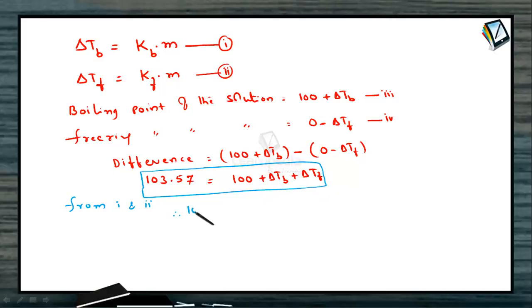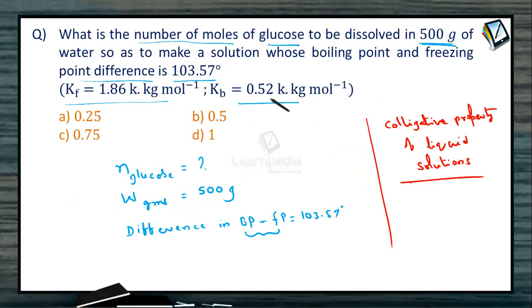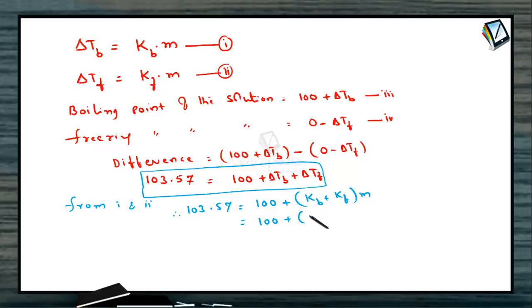Therefore, 103.57 degrees, the difference, is equal to 100 plus delta Tb, which is Kb into m, plus delta Tf, Kf into m, that is Kb plus Kf into m. And we are given Kb as 0.52 and Kf as 1.86. Let us substitute 0.52 plus 1.86 into molality.